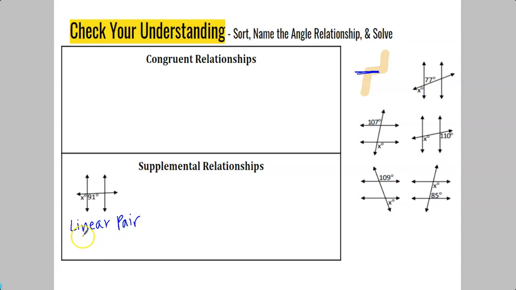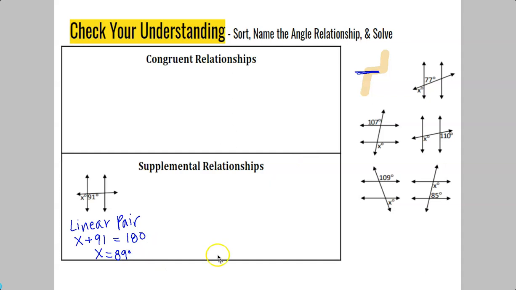So if it's a linear pair and it's supplementary, we would say X plus 91 is equal to 180. And we would just subtract 91 on both sides in order to get X. And so 180 minus 91 is 89. So we know that X is equal to 89 degrees.